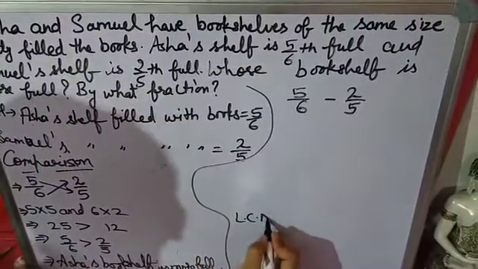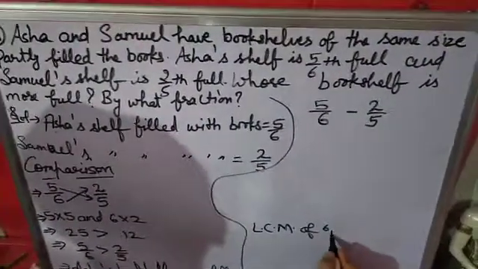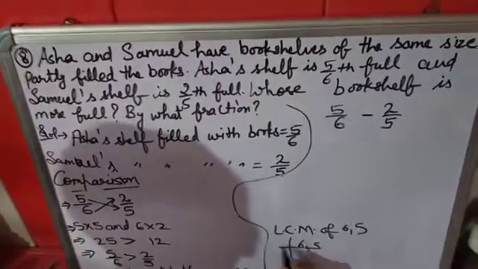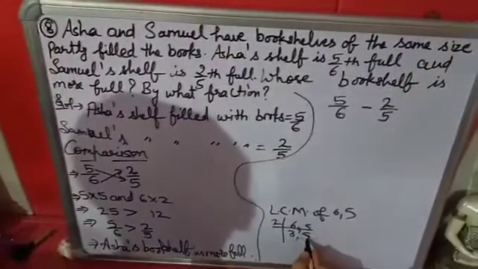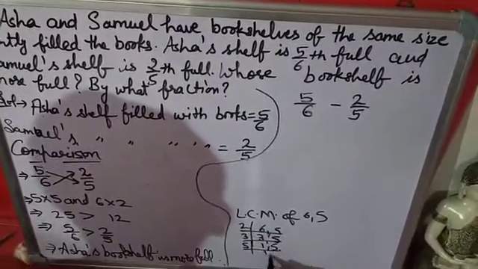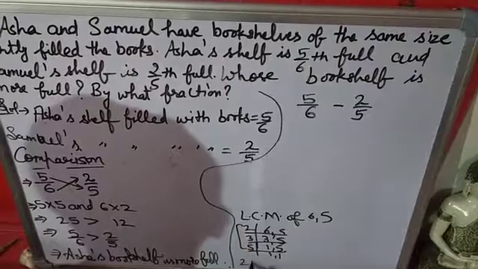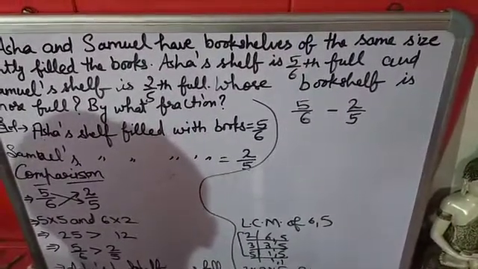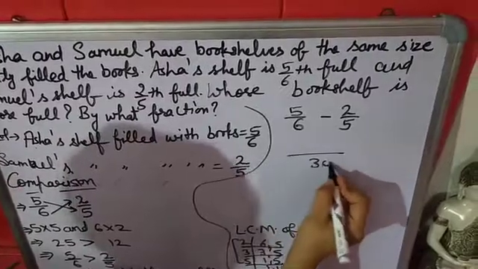Take LCM of 6 and 5. 2 3s are 6, 3 1s are 3 and 5 1s are 5. Multiply these prime numbers. 2 3s are 6, 6 5s are 30. So LCM is 30.